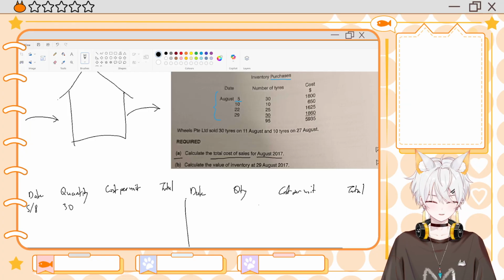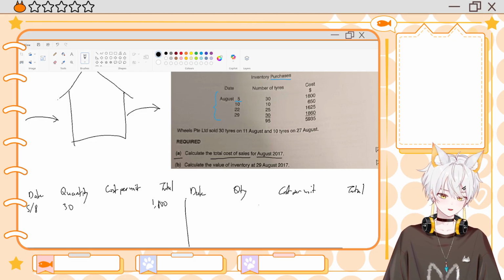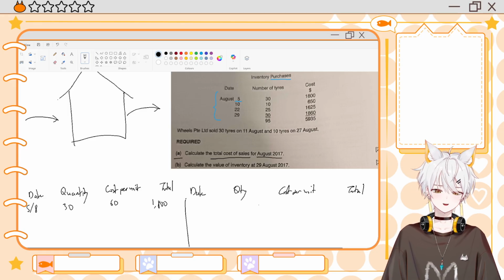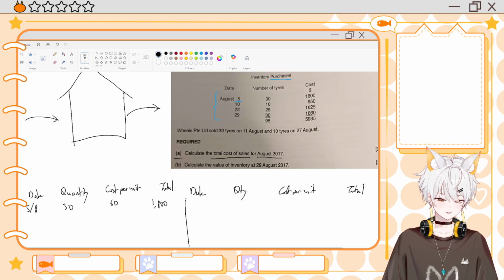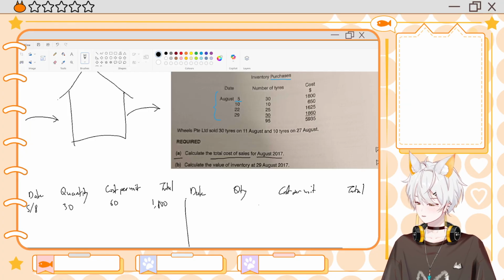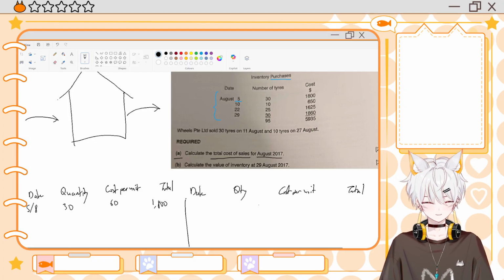They give you straight the total cost, so it's 1,008. Then cost per unit would just be 1,008 divided by 30, so that is 60. I hope my math didn't fail me here. I should get a calculator ready. Yes, please do. 1,008 divided by 30 is 60. Okay, thank you.